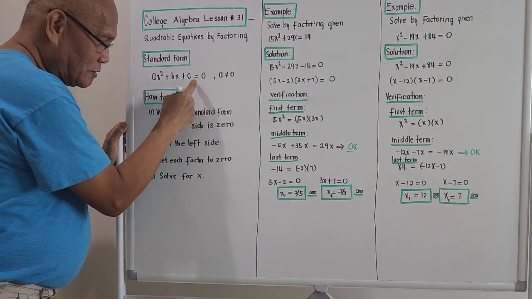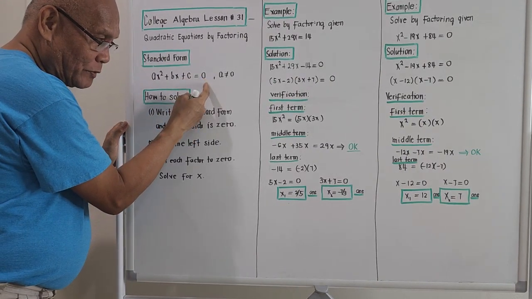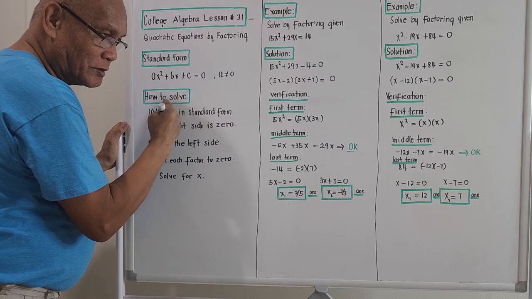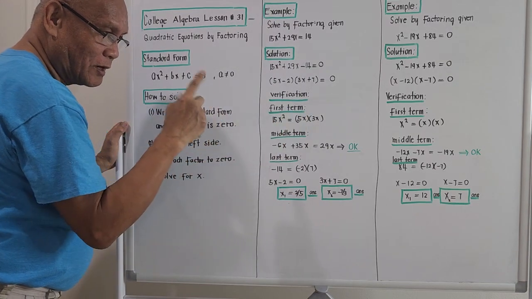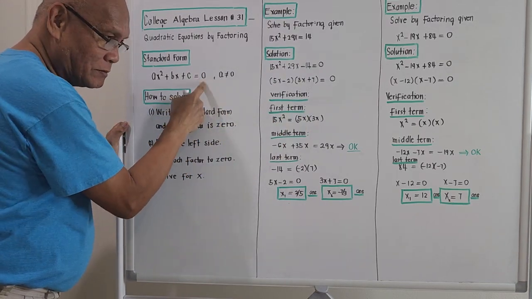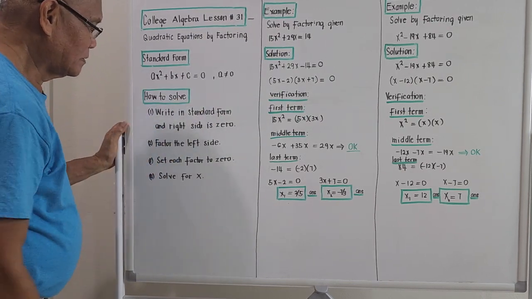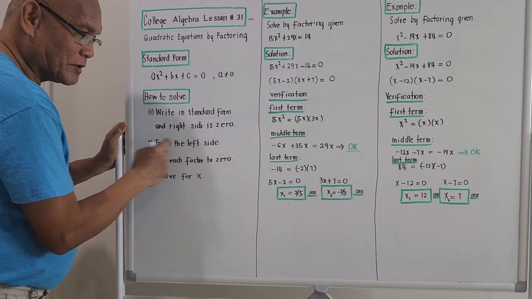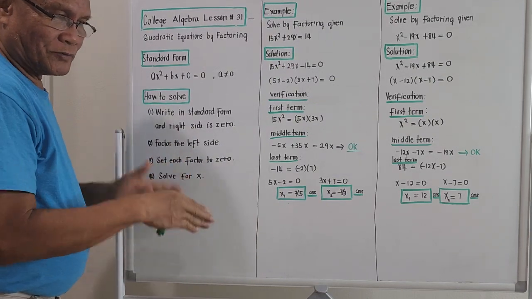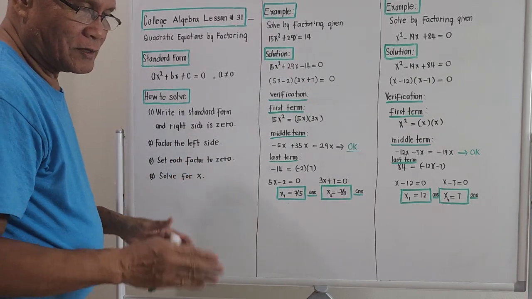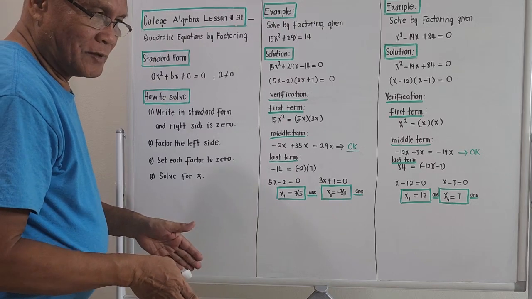And the right hand side should be equal to 0. There is no term on the right hand side, and the value of the right hand side is 0. Then number 2, factor the left side. So apply your knowledge on how to factor.